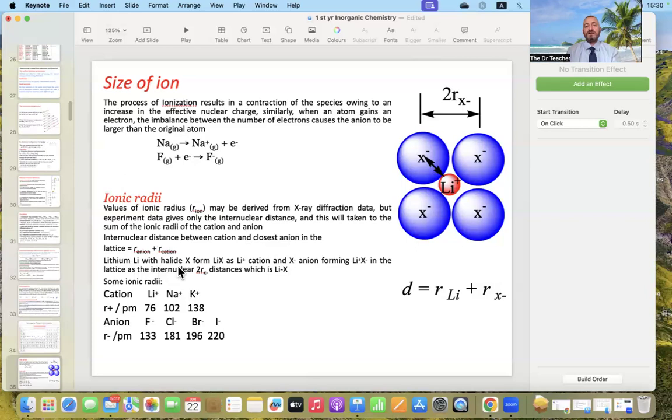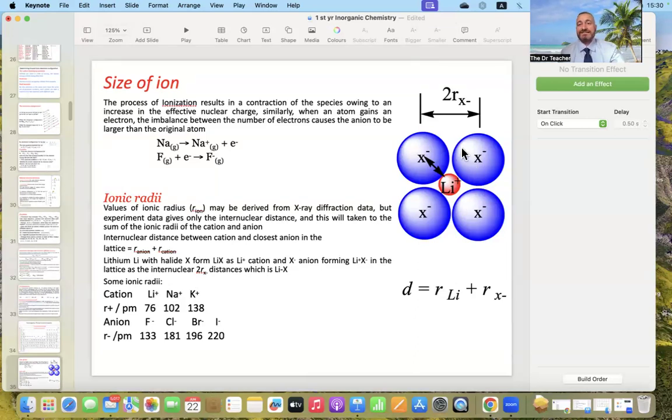Lithium with halide forms lithium halide. Lithium plus means it lost 1 electron, so it becomes a cation. And the halogen minus, which gained this electron from the lithium, becomes an anion, forming lithium plus halogen minus in the lattice, with the internuclear distance of the two radii, which is Li-X.